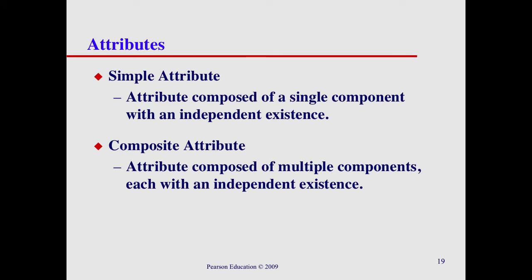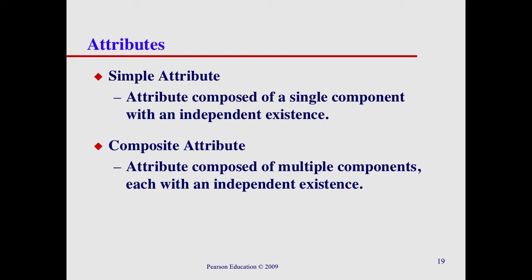And this is a little bit new. We can have either simple attributes or composite attributes. So simple attributes are a single component. Composite attributes can have multiple components, each with an independent existence. The classic example of a composite attribute is an address.